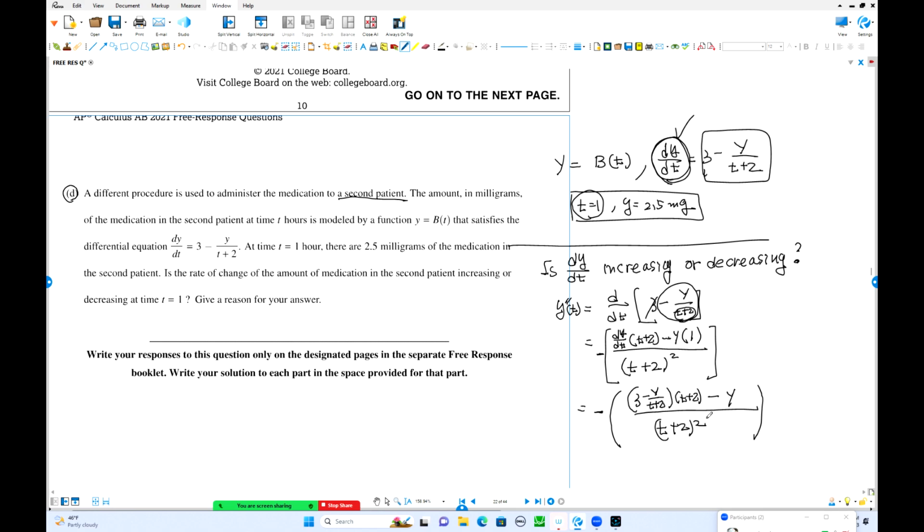When t equals 1, what is the value of y? Over here, t equals 1, y equals 2.5. Are you okay with this?